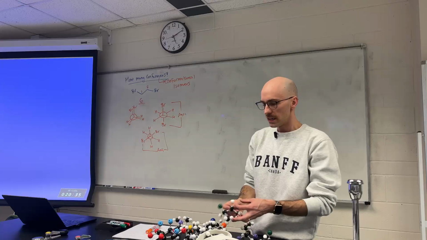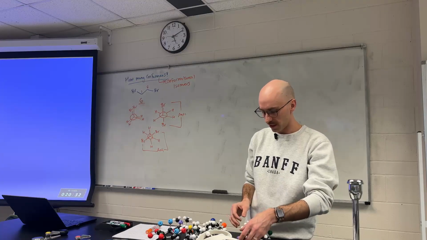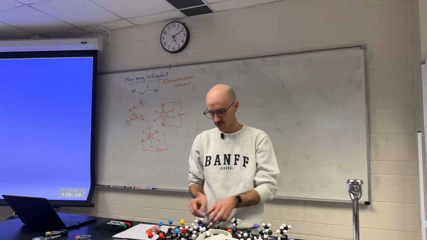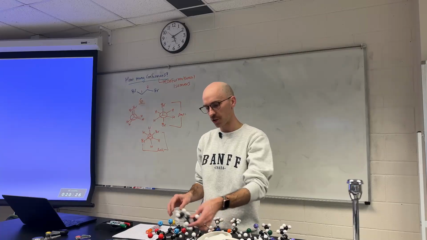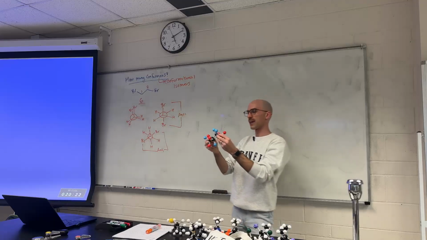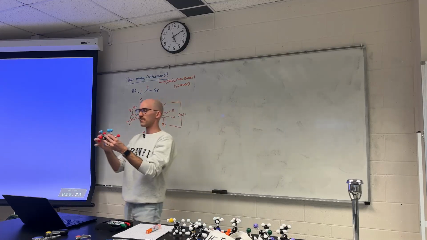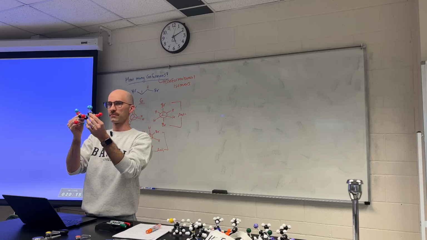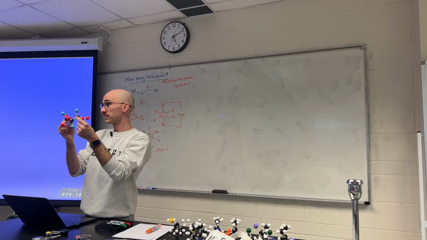Okay, now let's get back into chairs because we left off right at the coolest part. This linear structure has 6 conformations. How many conformations does my cyclic structure have? 6?